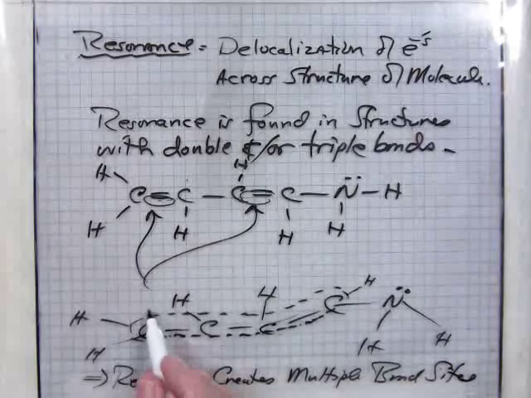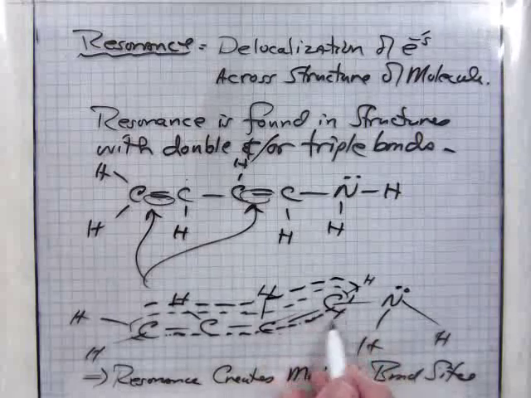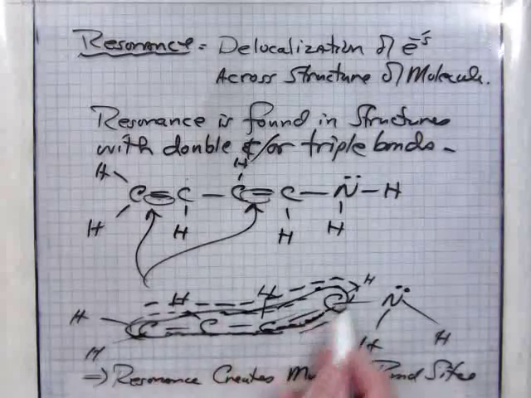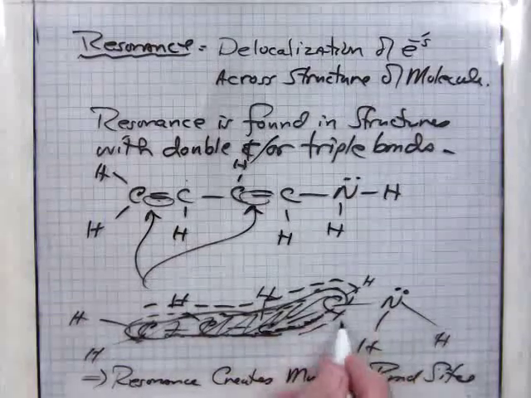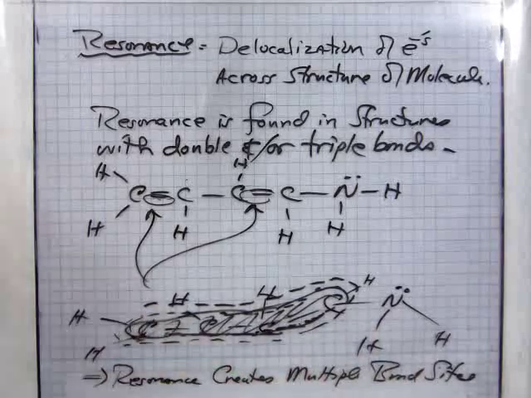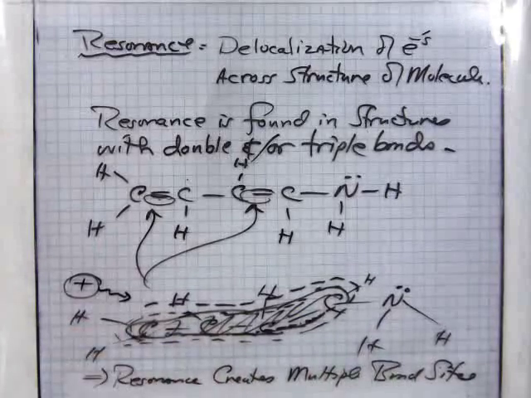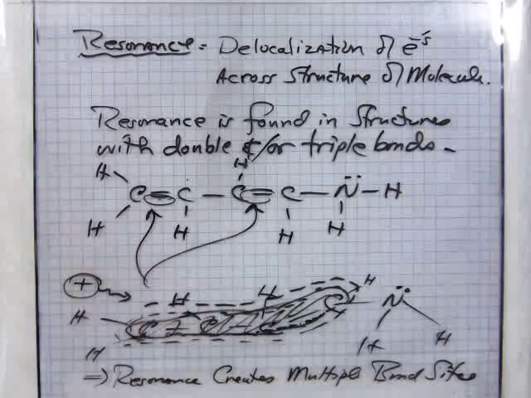Because this entire structure all the way around is negatively charged. So you've got this cloud that kind of goes through all over 4 elements and is negatively charged all the way around this portion of the structure. So if you have some positive thing looking for a home to hook onto, it could hook up to any one of those elements. That's the point. And makes a new molecule.